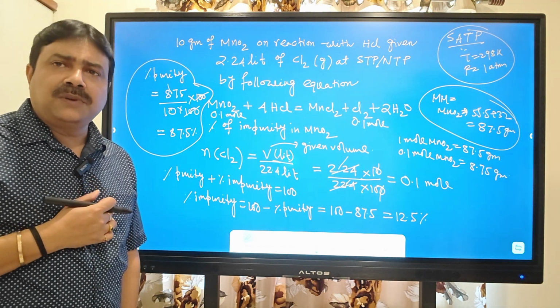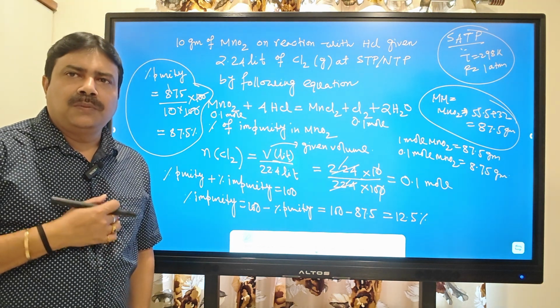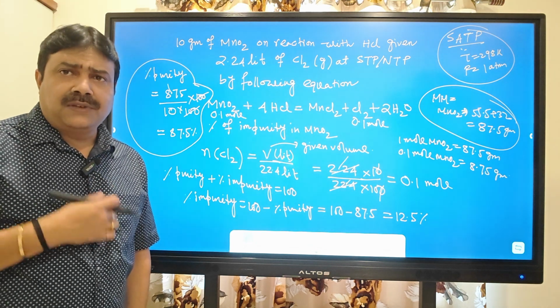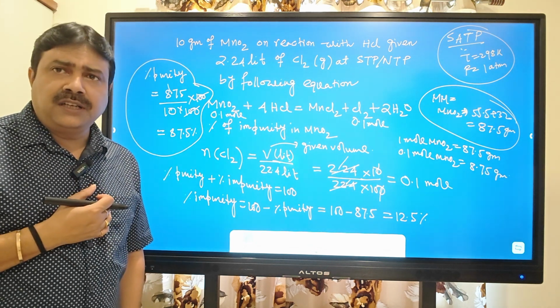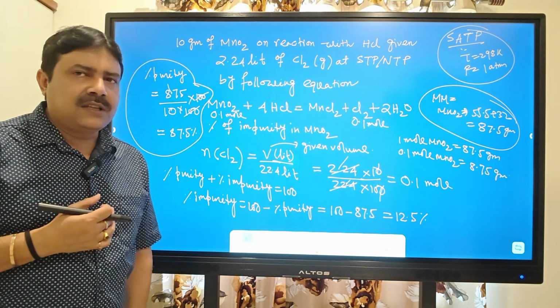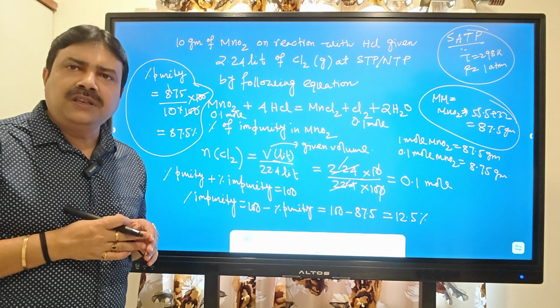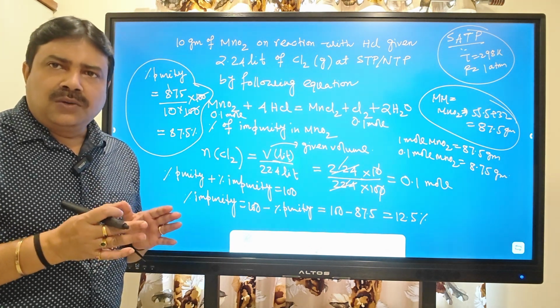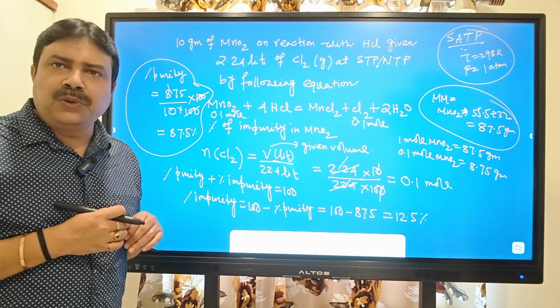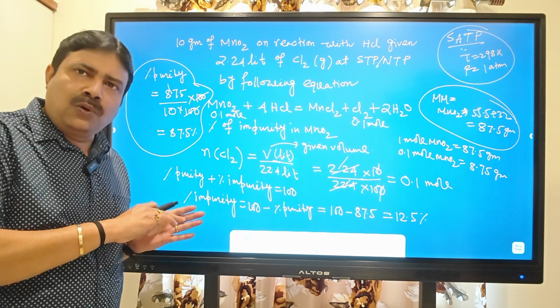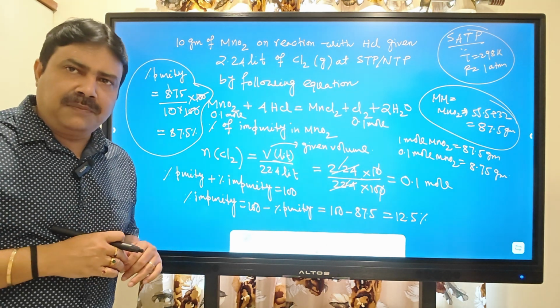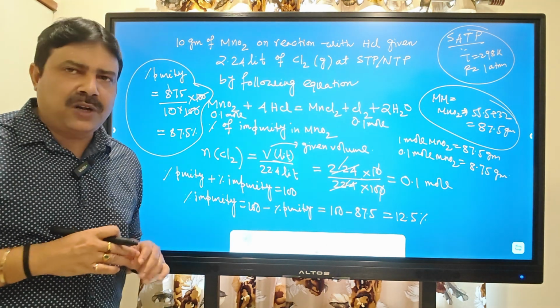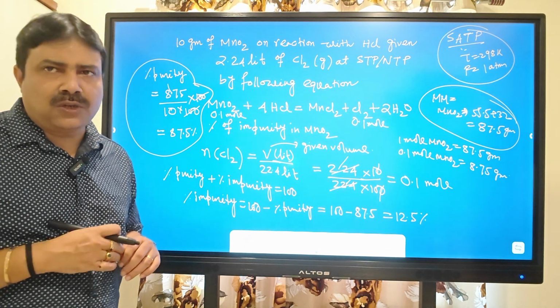Everybody understood this problem? I hope there is no problem in it. Very simple. First we calculate the percentage of purity. How do we calculate it? For that purpose they give the data of chlorine. From the chlorine moles we find how many moles of MnO2 really reacted. From moles, converting to amount by multiplying by molar mass, we came to know 8.75 gram is really reacted out of 10 gram.